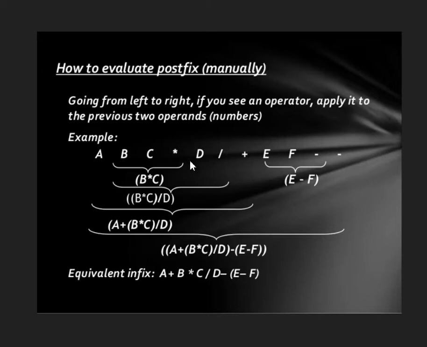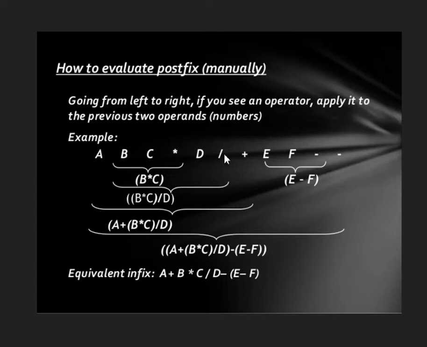Similarly, when we move ahead, we have again an operand, which we need not consider yet, so we go ahead to the operator, that is the division operator. So now this is one operand and D is the other operand.